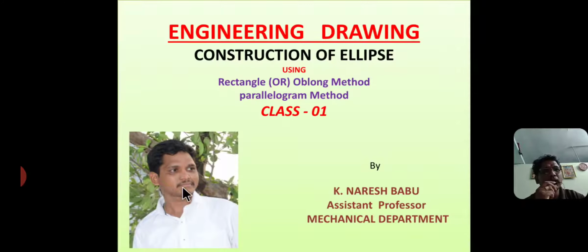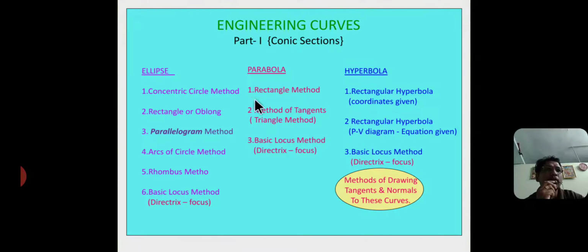In this class, I am going to explain about engineering drawing, and today's topic is construction of ellipse by using rectangle or oblong method and parallelogram method. These are the different methods to construct the conic sections.